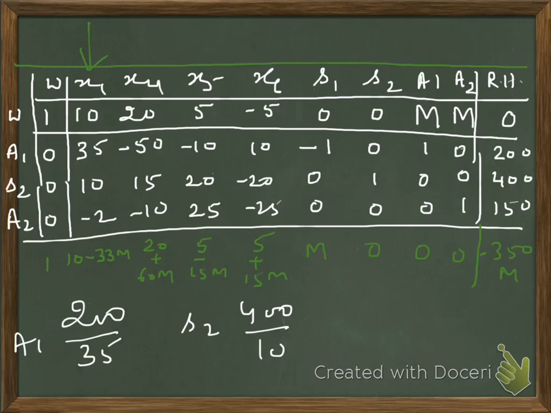And if the coefficient is 0, obviously there is no requirement of that resource in that product, so the possibility of that resource getting exhausted doesn't exist.